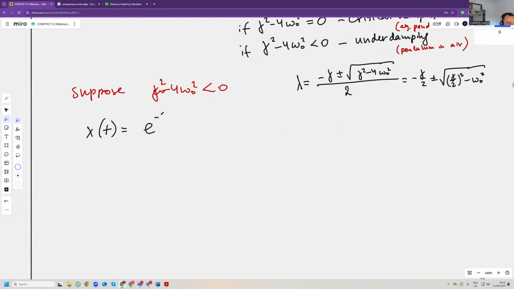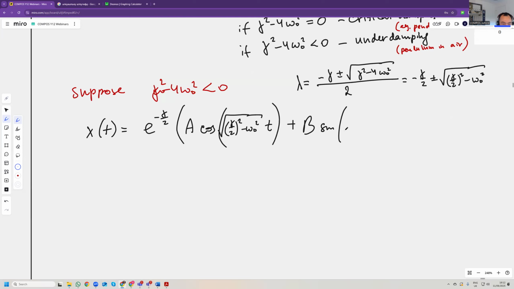It is going to be e to the minus gamma over 2 t, open bracket, A cos square root of gamma over 2 squared minus omega 0 squared times t plus B multiplied by sine square root of gamma over 2 squared minus omega 0 squared t.